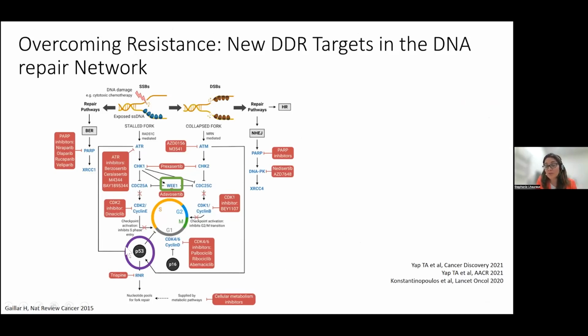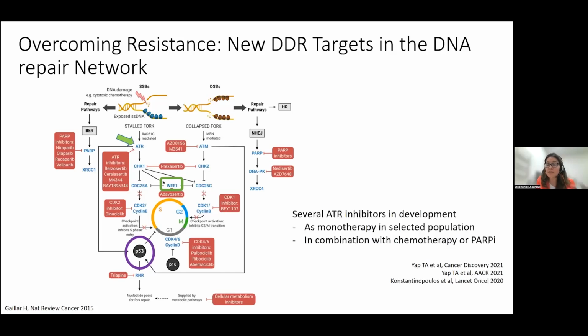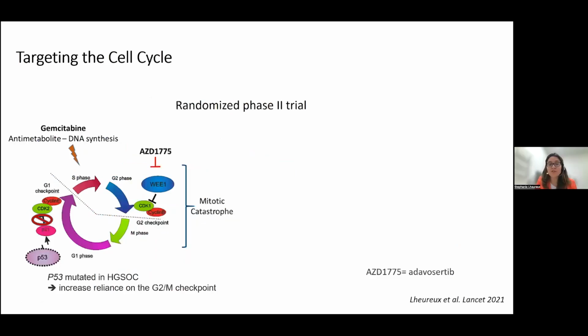And we know also that the high-grade serous ovarian cancer is always p53 abnormal. So there is a lot of targets in the DDR that we can look at. The WEE1 is one. There's also the ATR inhibitor that is currently in development in a selected population or in combination. So just to finish, definitely targeting the cell cycle is important in high-grade serous ovarian cancer.